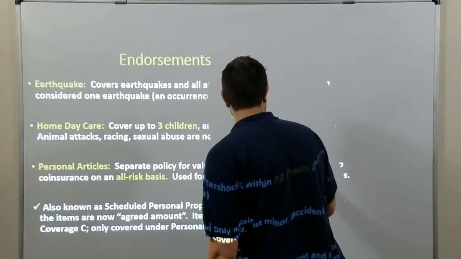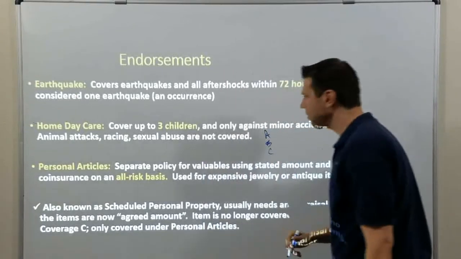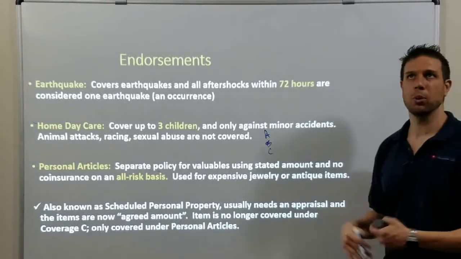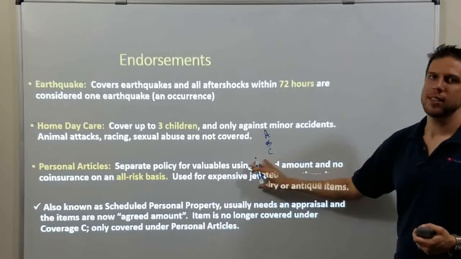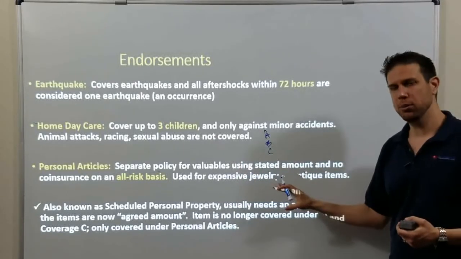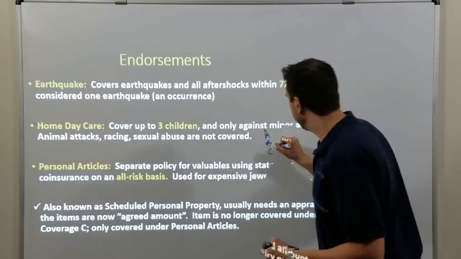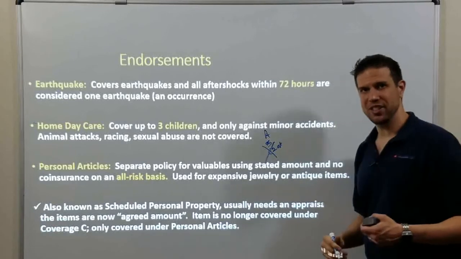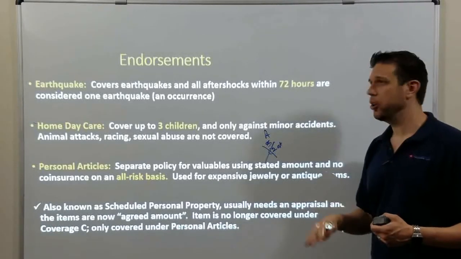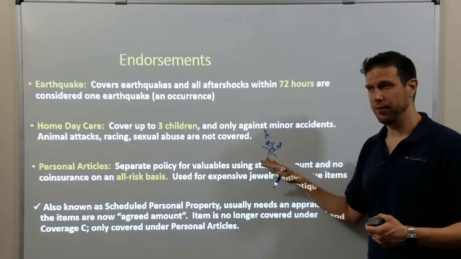So let's say I have a diamond ring. Let's say the diamond ring is $20,000. I want to insure that under personal articles, and it'll take the diamond ring out of coverage C. So I no longer have coverage C on it.